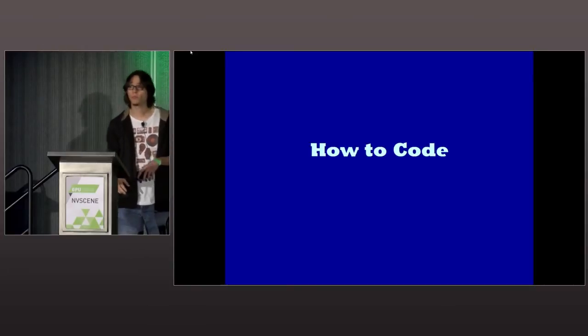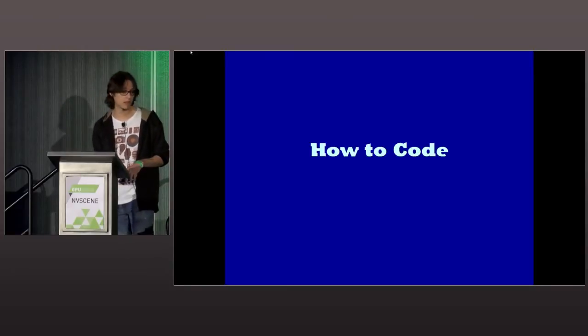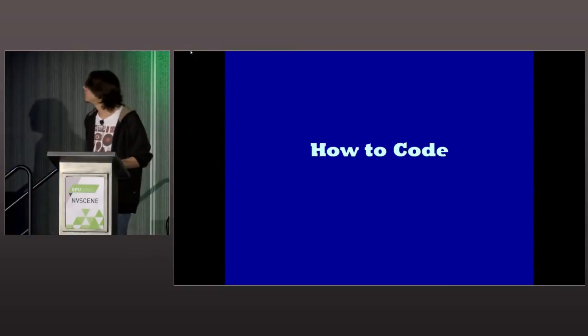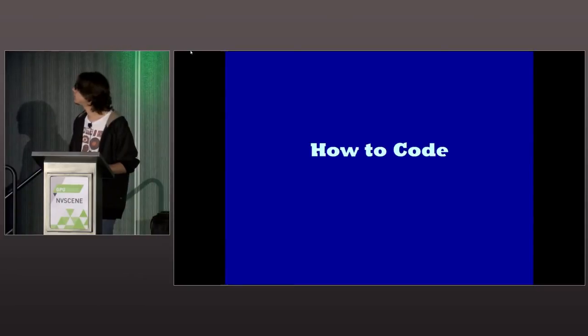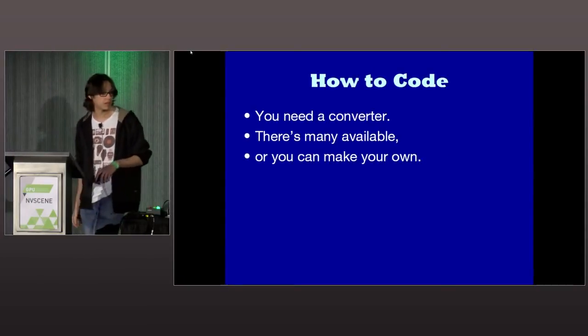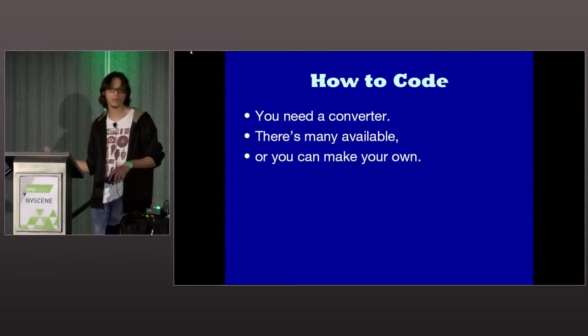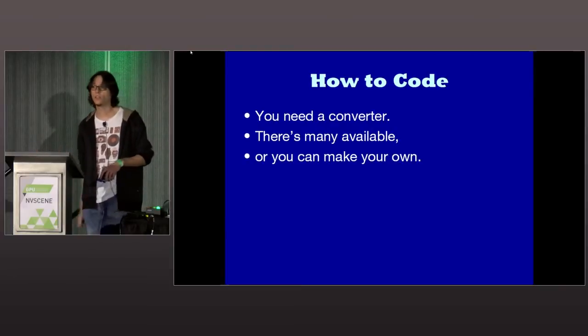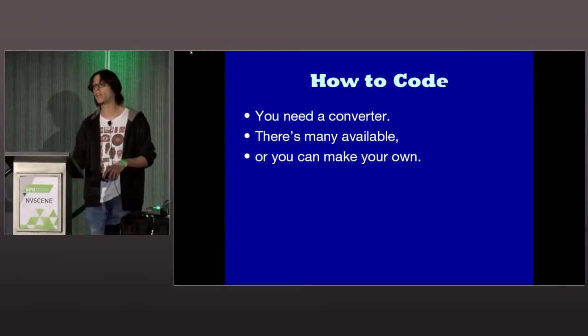There's also the big part about how you should code your demo, your converter mostly, because the rest could be anything. But yeah, you need a converter, and there's many available. You don't have to code your own, but you can if you want.